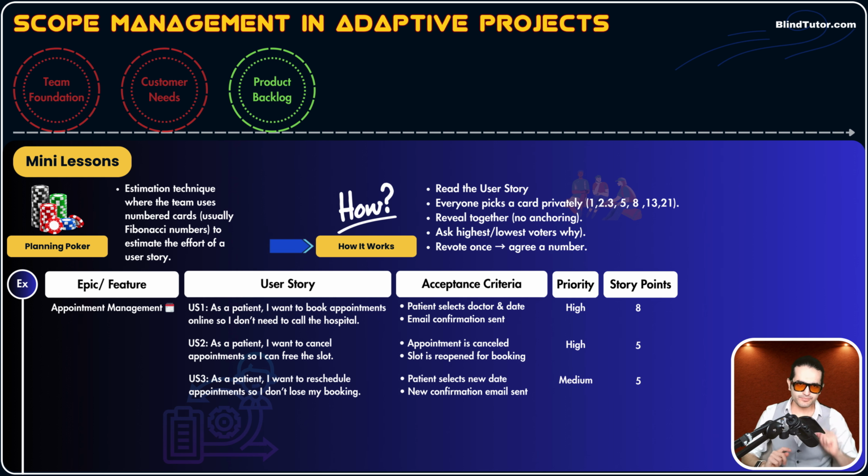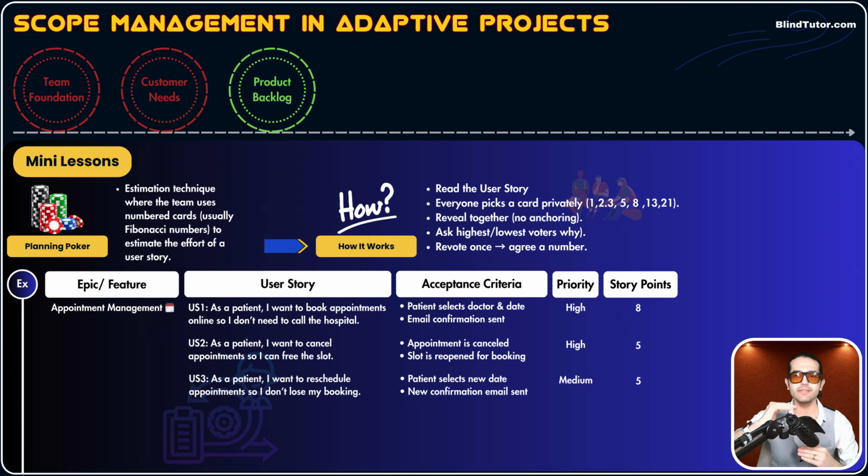And guys, remember, the first number will always be used as a reference point. For user story number 1, if we assign 8, now for user story number 2, we compare the complexity, the difficulty, the effort required for user story number 2. We compare it with user story number 1.